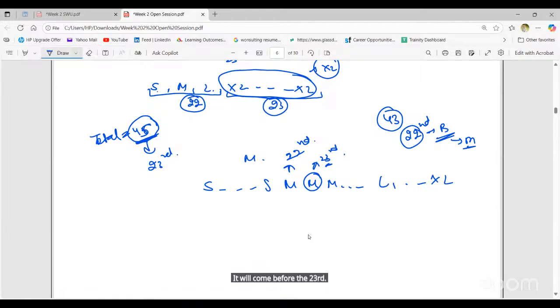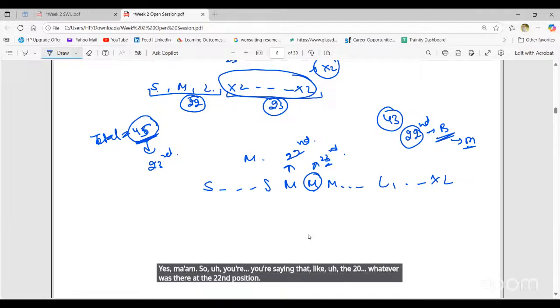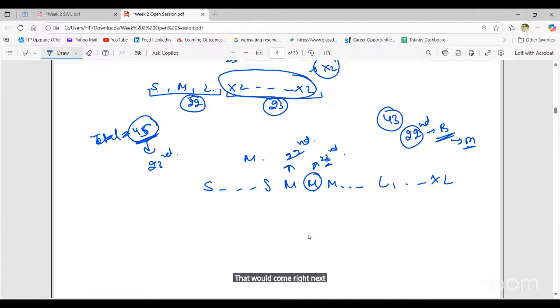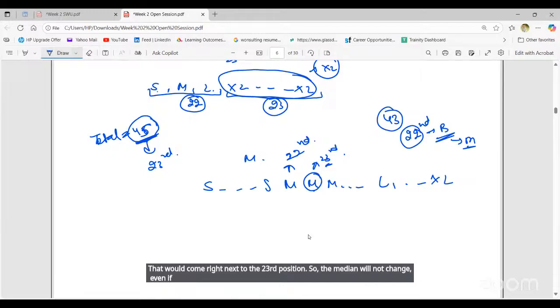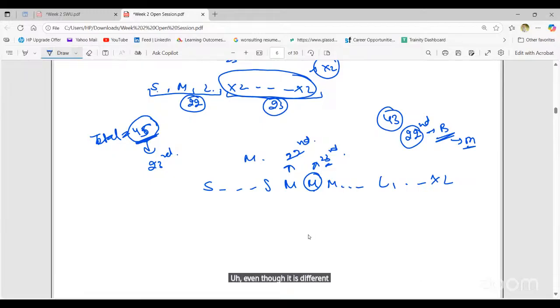So whatever was at the 22nd position would come right next to the 23rd position. So the median will not change, even if mean and mode are different. Correct. Okay, thank you, ma'am.